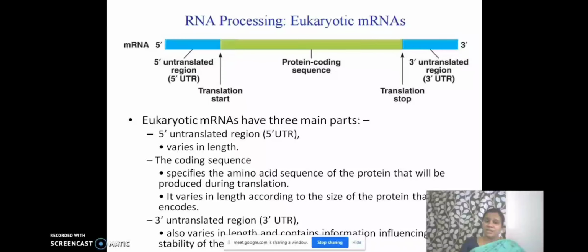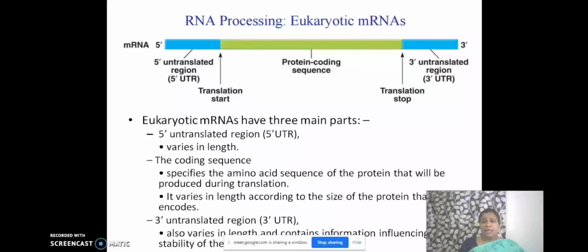Whereas in case of transcription, one particular gene is transcribed, that is also from the first base to the last base. Got it? But what is here? So this is the mRNA. Actually, this is the product of DNA. So that means it is a gene product. Gene is transcribed into mRNA.